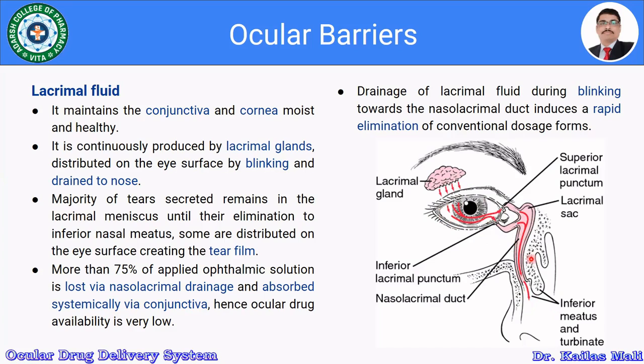The drainage of lacrimal fluid during blinking towards the nasolacrimal duct induces elimination of the conventional dosage form. So the lacrimal fluid secretion is the very first barrier, which drains the applied formulation into the nasal cavity, and furthermore promotes the absorption of a drug systemically. So this is about the lacrimal fluid.